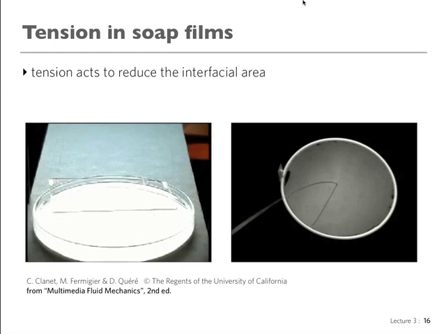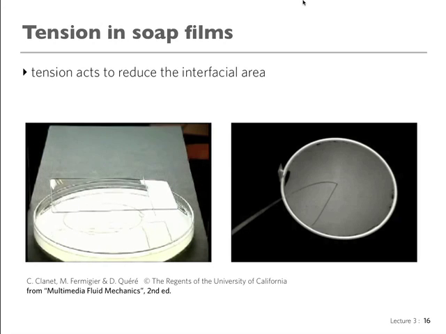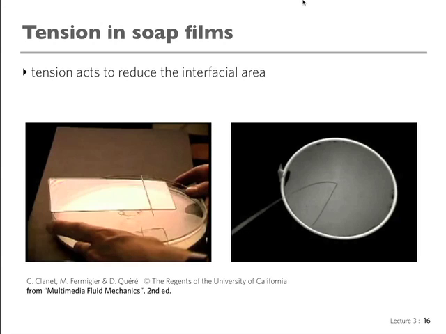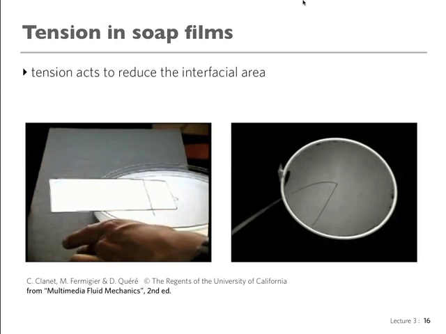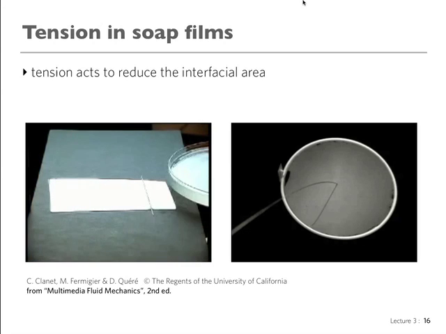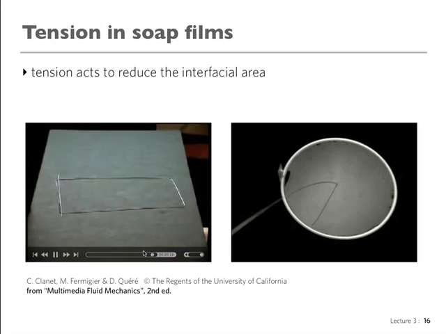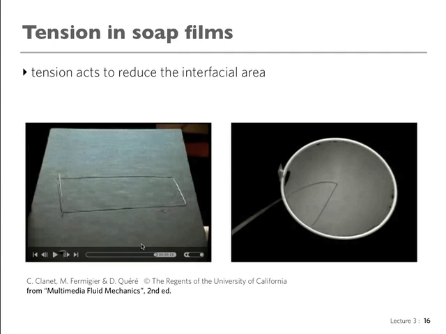So here's a soap film, again, to try to explain this idea of tension. So you see the soap film being formed there in that rectangular wire frame. And there's a little wire here that is free to move. And the soap film on the right was punctured.